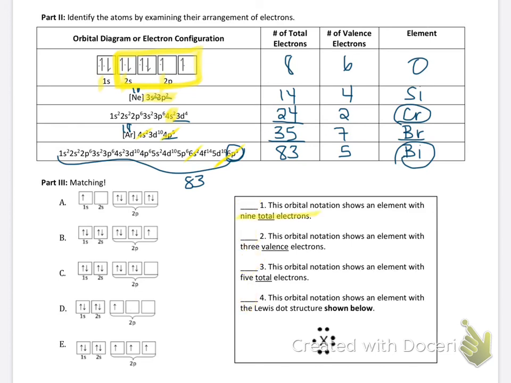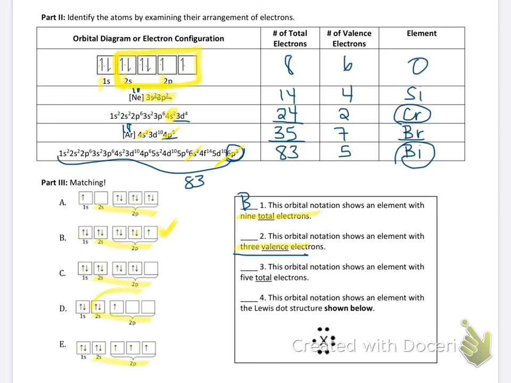So on number 1, we want 9 total electrons. Well, if I look at A, we have 1, 2, 3, 4, 5, 6, 7 electrons. We'll find the ones with 9 total, and you should have found that only B had 9 total electrons. Then we want the one with 3 valence electrons. Valence electrons, we're looking at the highest energy level, which for all of these is the 2nd energy level.